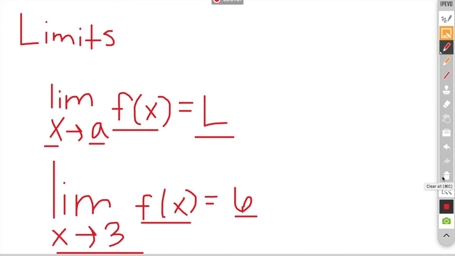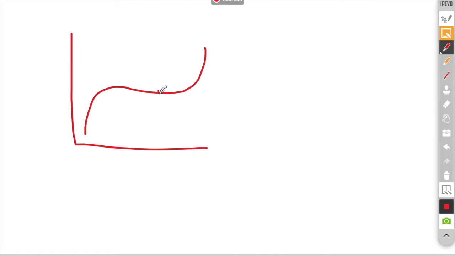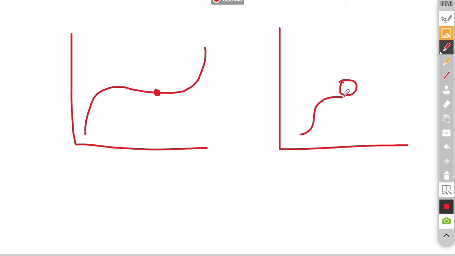There are two different types of limits that you can observe on a graph. Let's say I draw a graph like this and it asks you to find the limit. The point can be a closed point or an open point like this. That means this is considered a hole, so you can have a limit at a hole.